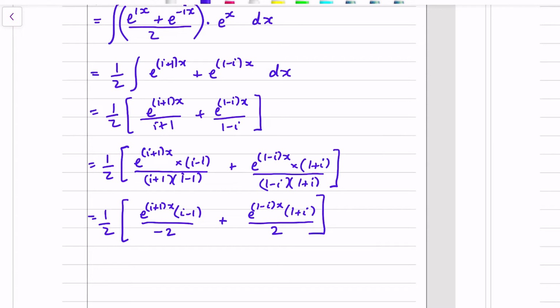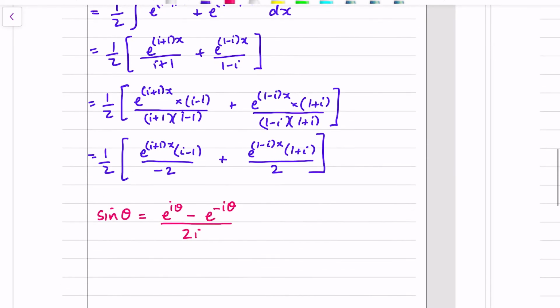We know that sine of theta is e to the i theta minus e to the negative i theta, all divided by 2i. That's something we've seen before as well.